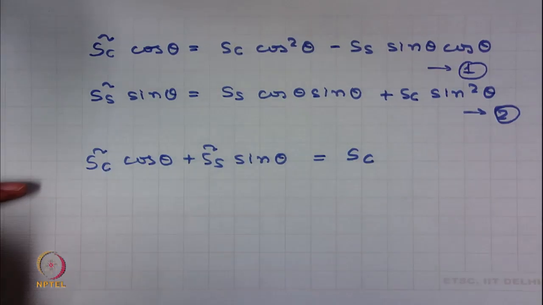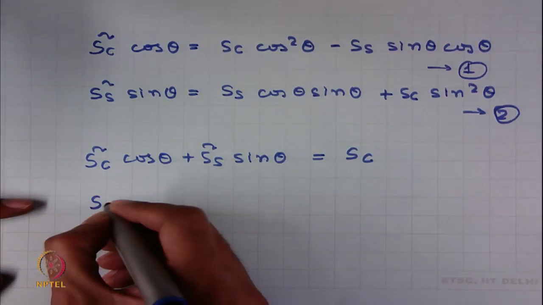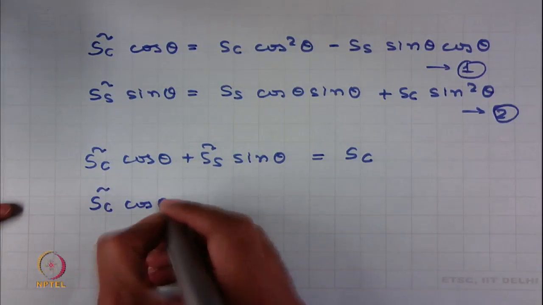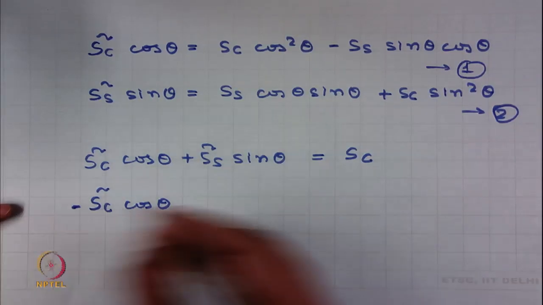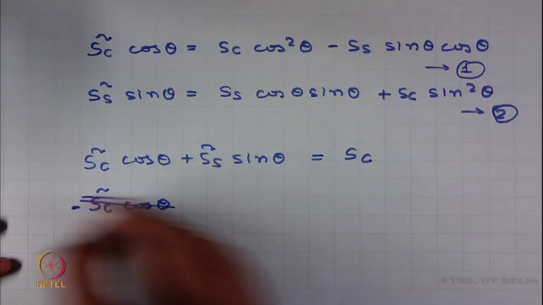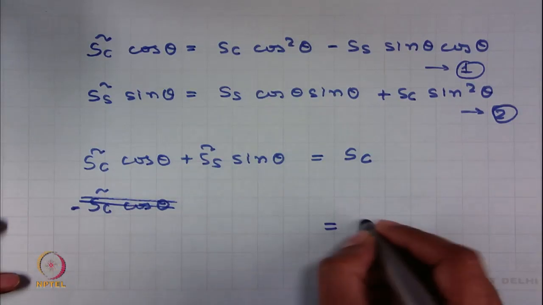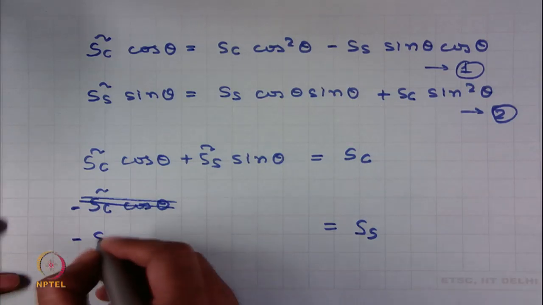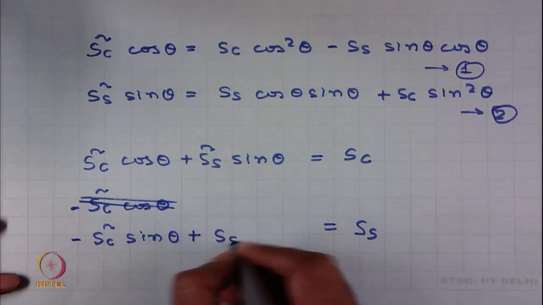Now, I have solved for SC, and if I want to solve for SS, this would be simple. You can work out the value of SS yourself from these two equations. When we want SS, it would be minus SC tilde sin theta plus SS tilde cos theta.